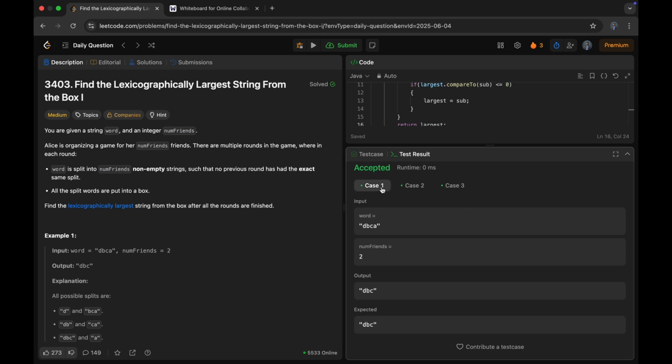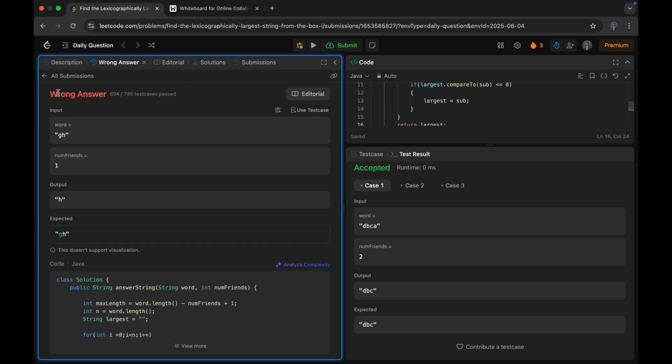When we run this, we can see it is running correctly, and when we submit it, we get a wrong answer. See, when numFriends is 1, our code shows the output as h, but when numFriends is 1, the output should be gh.